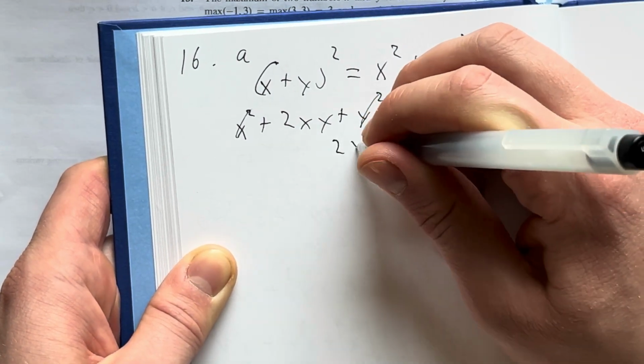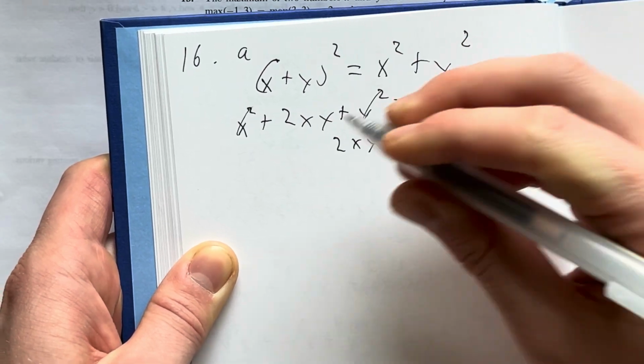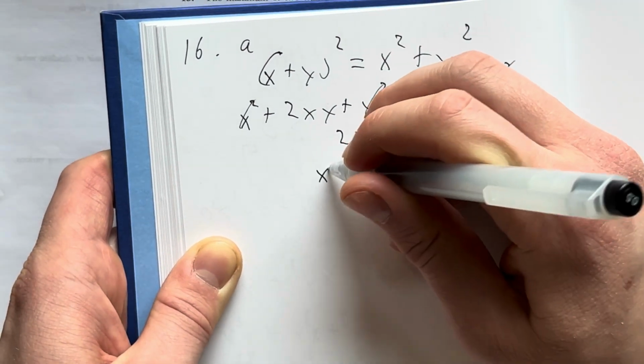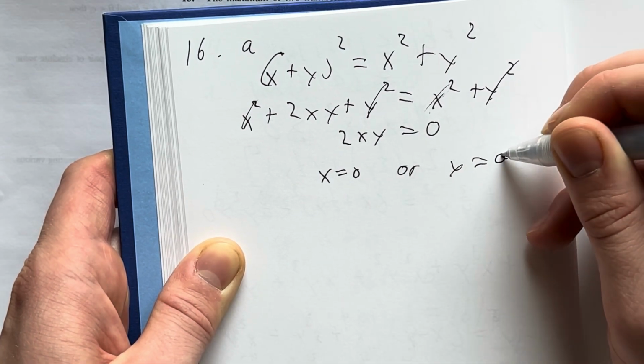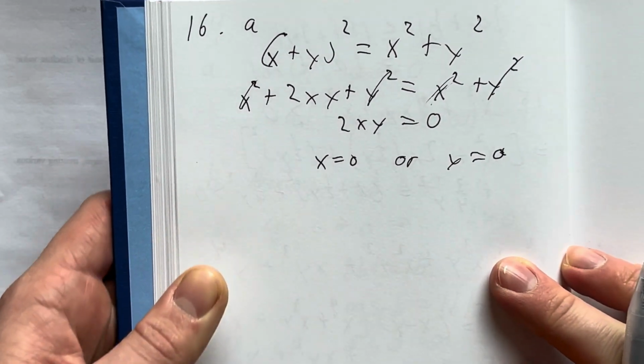We are left with 2xy equal to 0, and thus x equal to 0 or y equal to 0. Quite simple.